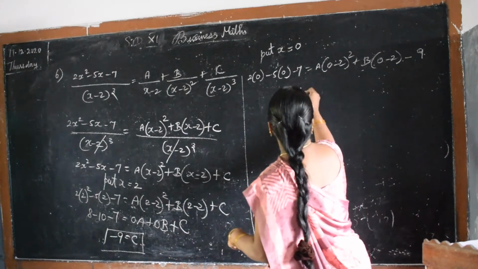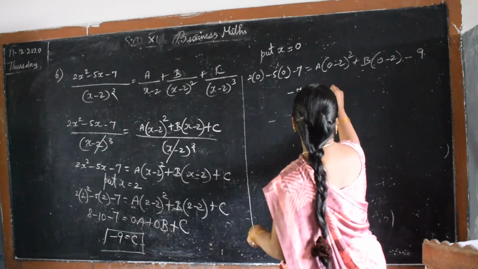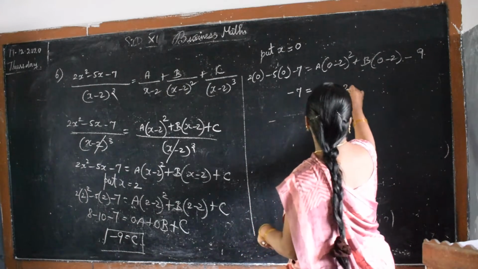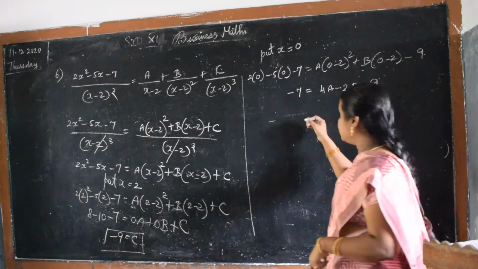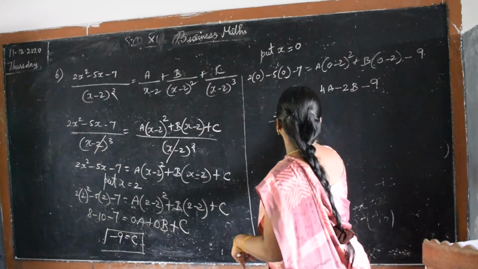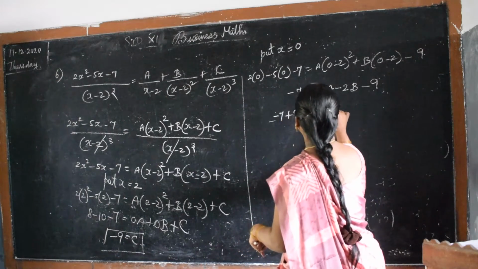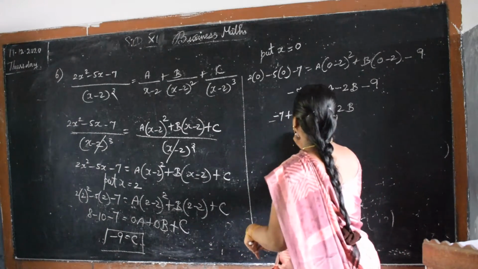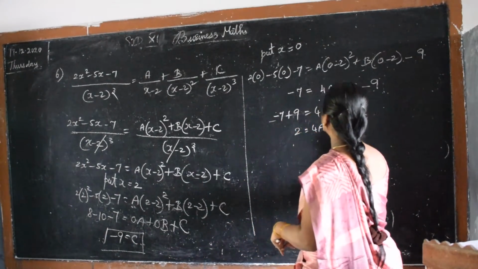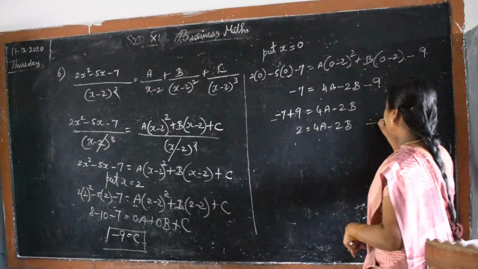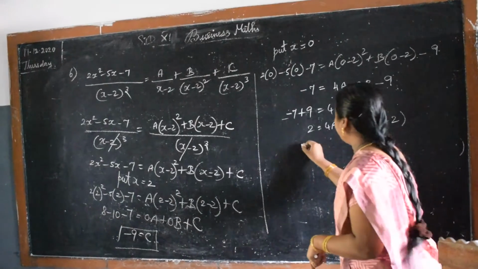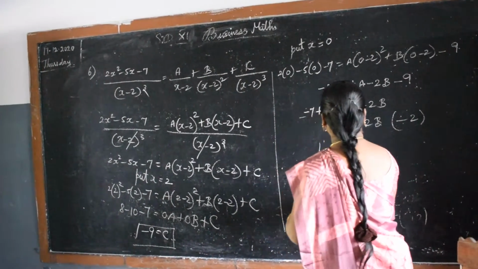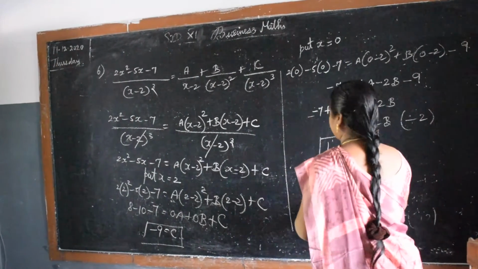So minus 7 is equal to 4a minus 2b minus 9. Take this minus 9 to this side. So minus 7 plus 9, 2 is equal to 4a minus 2b. Now I am going to divide throughout by 2 so that I can simplify. So 1 is equal to 2a minus b. The equation is framed.